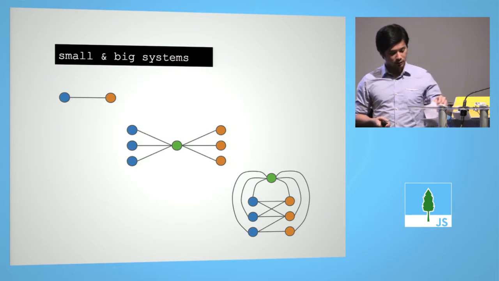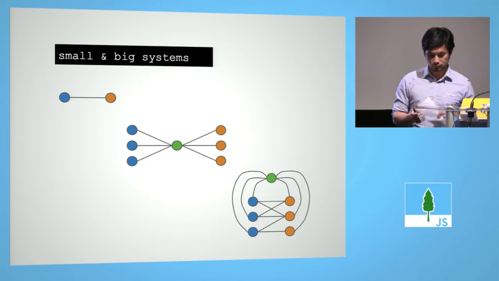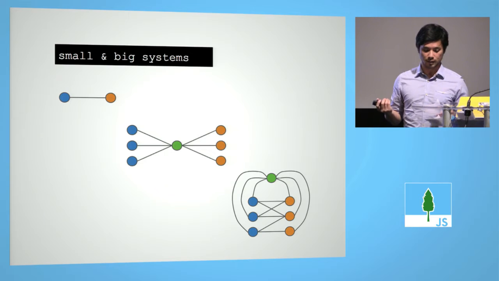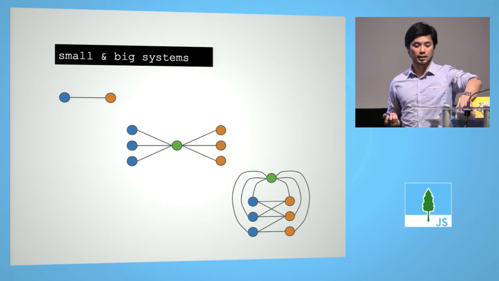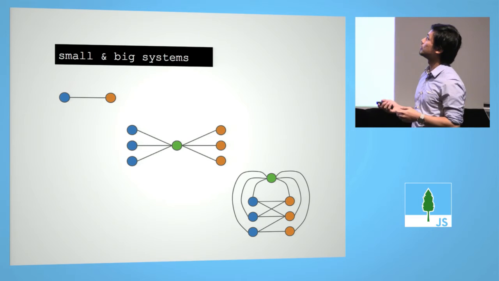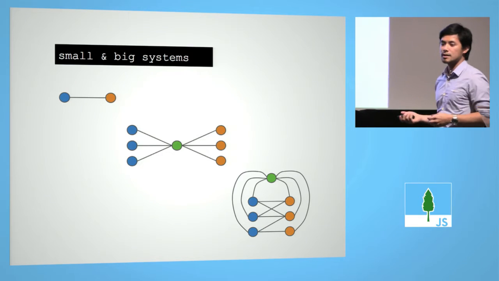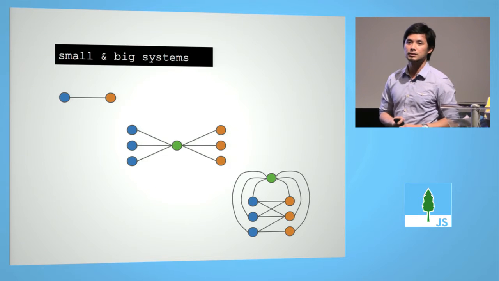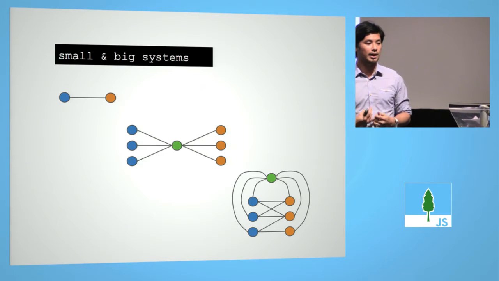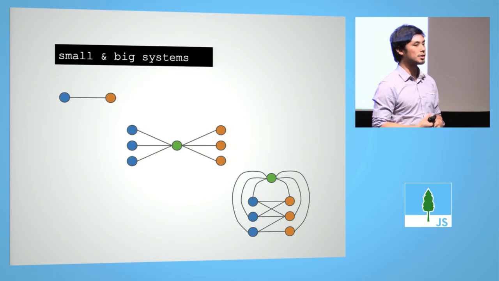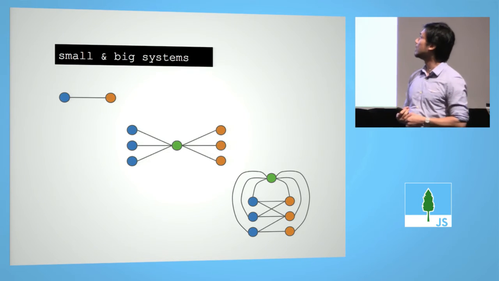So this is one of the complexities that you have when you grow from a small to a big system. And I want to say that some of this complexity is totally essential to the problem. Like, you cannot escape having to share state, for one.